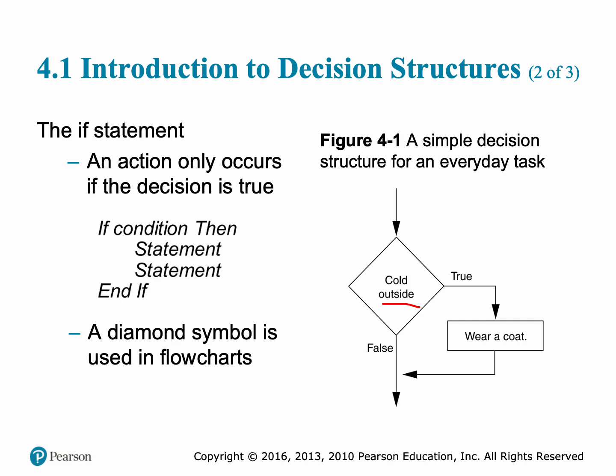And the condition that we're testing in this example is, is it cold outside? If it is cold outside, we're going to follow the true arrow and we're going to wear a coat. However, if it is not cold outside, we're going to skip this whole piece of code and we're just going to continue carrying on with our program without taking the reroute to wear a coat.